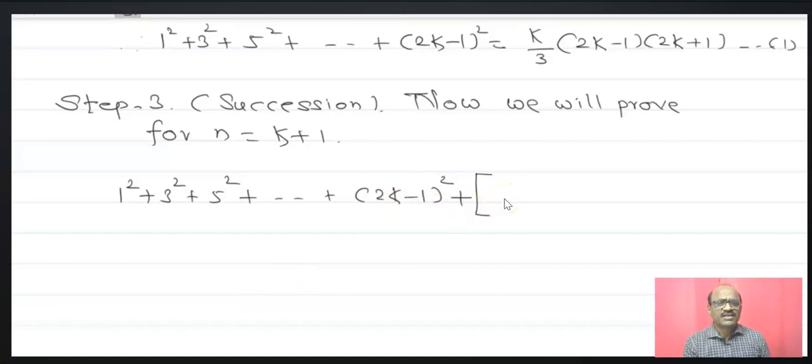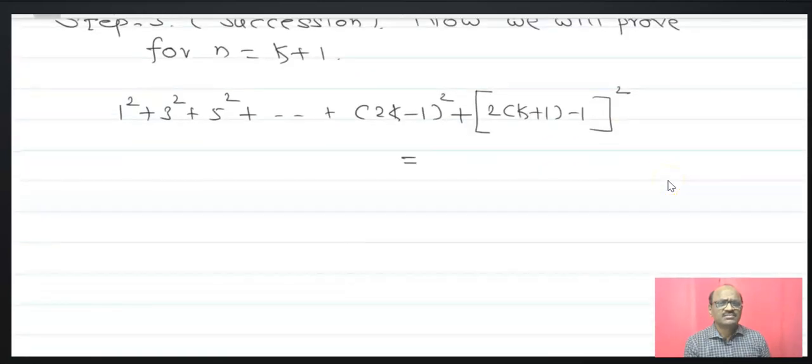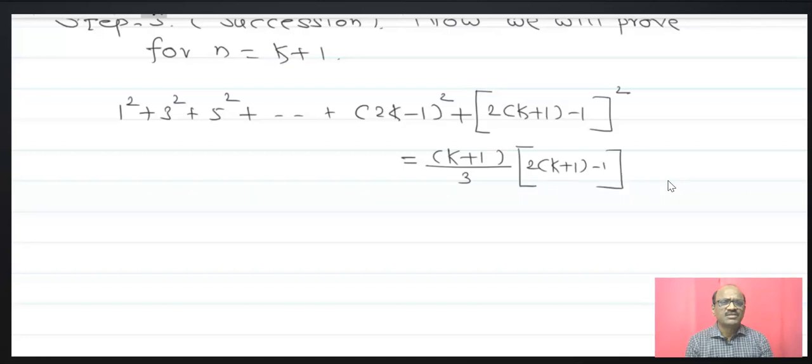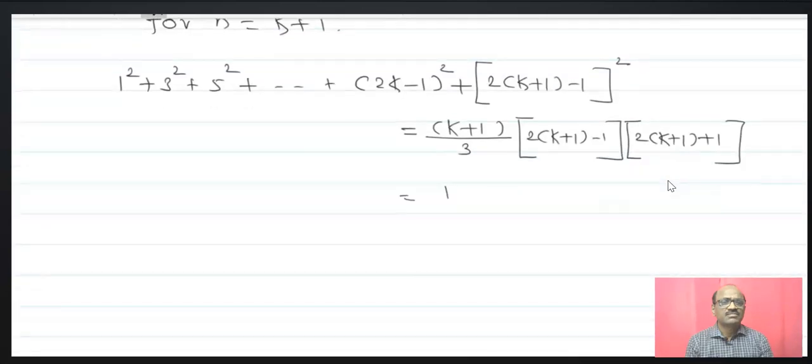That is 2 in bracket (k plus 1 minus 1) bracket square is equals to k plus 1 upon 3 into 2 in bracket (k plus 1) minus 1, 2 in bracket (k plus 1) plus 1.